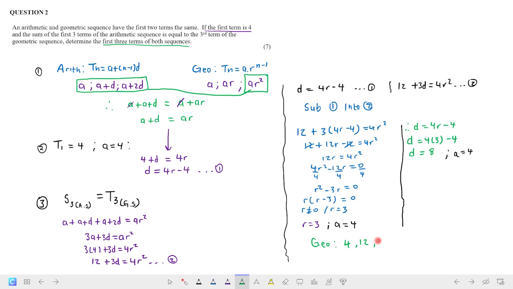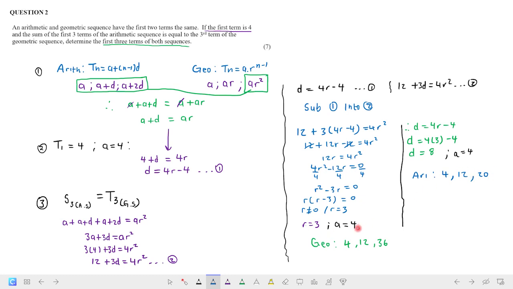Now what about my arithmetic sequence? In my arithmetic sequence, my first term is 4. To get to the next term I need to add 8. So 4 plus 8 is going to be 12, plus 8 is going to be 20. And those are the first three terms of both sequences.